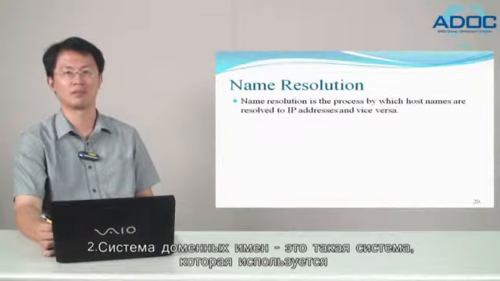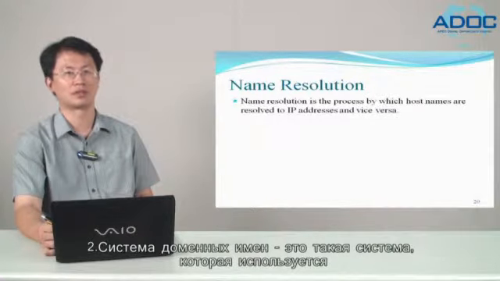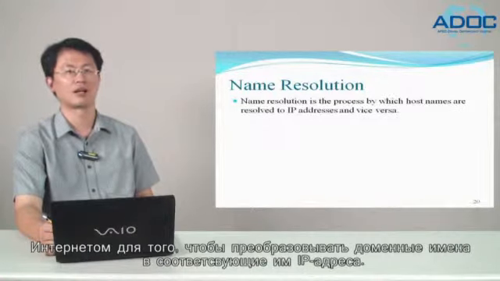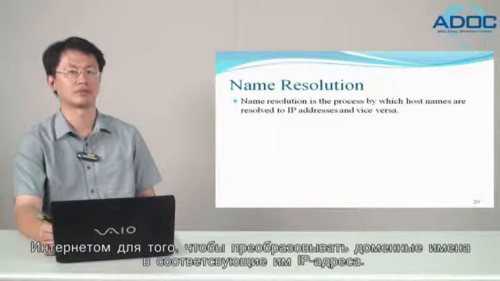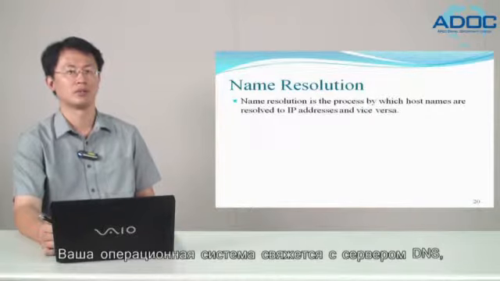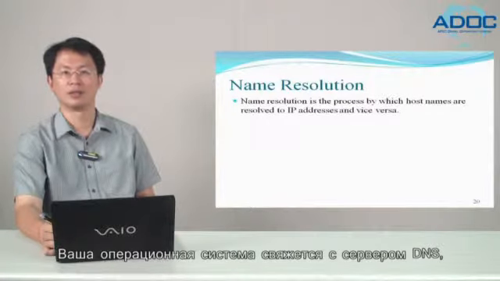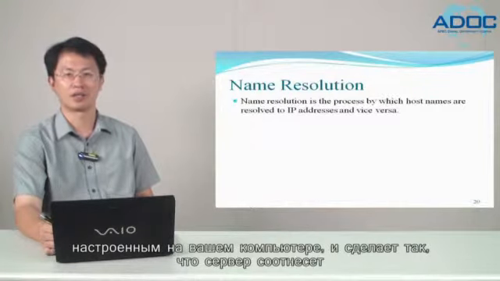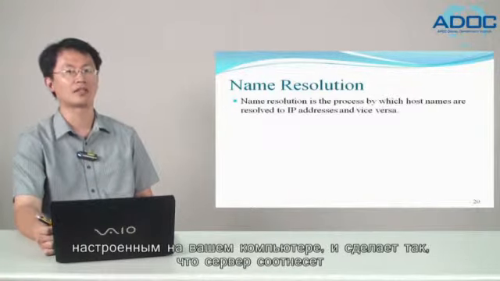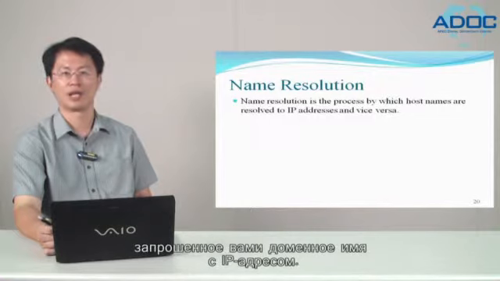And second, the Domain Name System. This is a system used on the internet for converting domain names to their corresponding IP addresses. Your operating system will connect to the DNS server configured on your computer and have that server return to you the IP address for the domain name you queried it with.